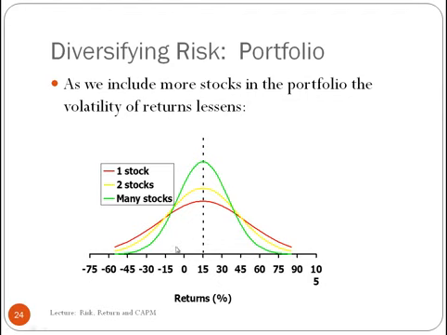In this case, we have portfolios with different numbers of stocks. And you can see that as we add more stocks to our portfolio, the dispersion, the distance from our average, gets less. We defined that earlier as less risky. The more closely clustered around the average, the less risky our returns are.